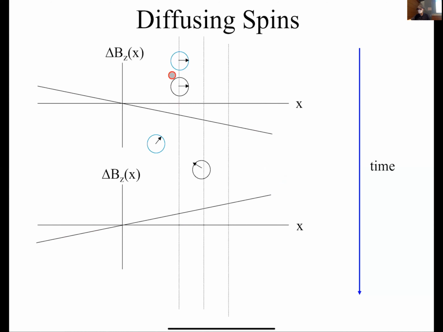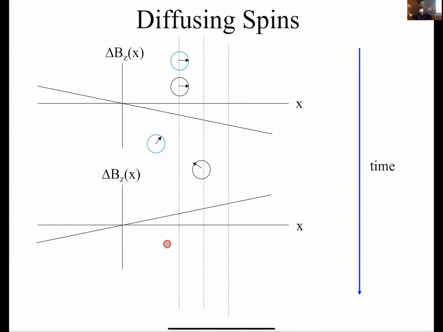If the spins were stationary, if I applied a gradient one way, they would speed up, and if I applied a gradient the same amount of time the other way, they would slow down, and they would just end up back where they started from. So if these spins stayed here, these gradients would have no effect on their phase, right? Because if I apply a gradient for some amount of time and then apply the negative of that gradient for the same amount of time, the net area is 0. So there'd be no effect on the phase.